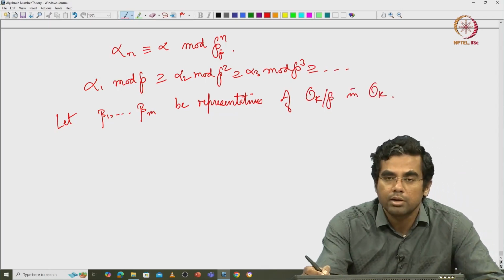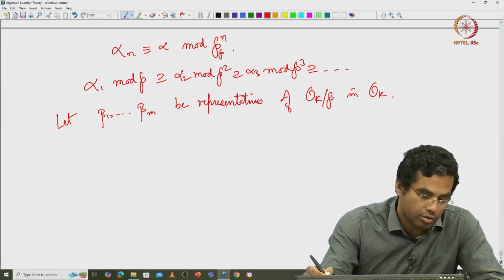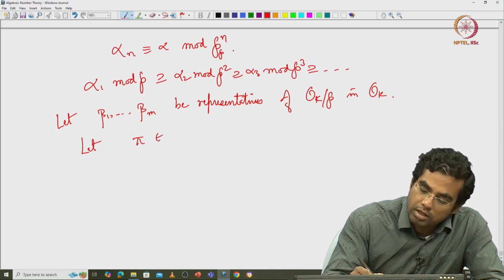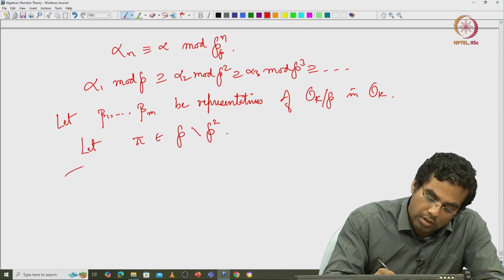So, I am taking elements of OK that represent each equivalence class modulo P, and let pi be an element in P that is not in P square. Okay.